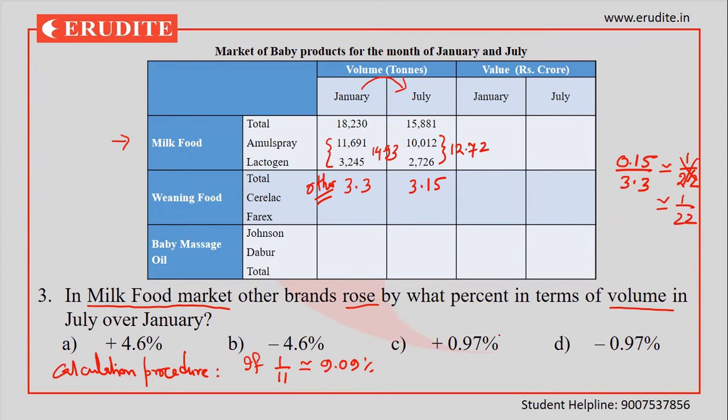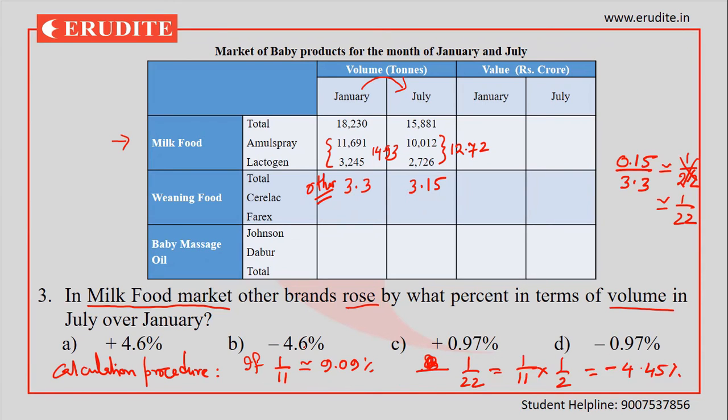If I am calculating 1 by 22, it is basically another half division, which is nothing but 1 by 11 into 1 by 2. So what it is coming, 9.09 half. So it should be 4.45. And it is reducing, so it is actually minus 4.45.